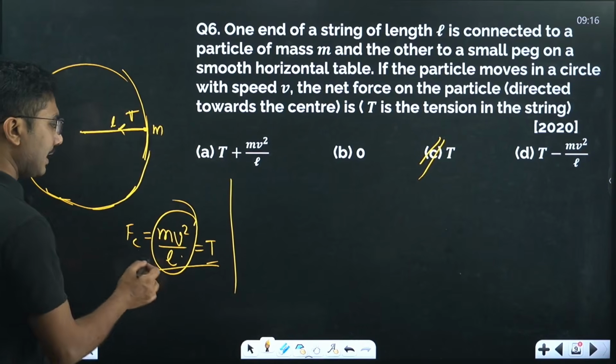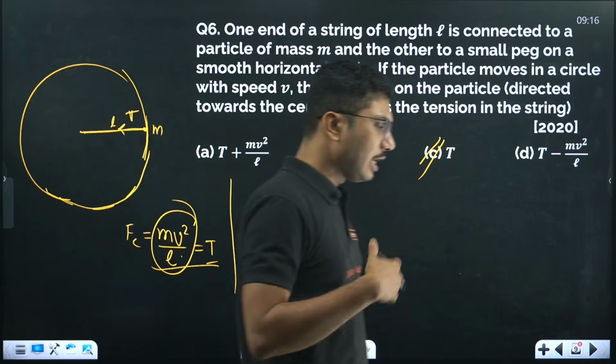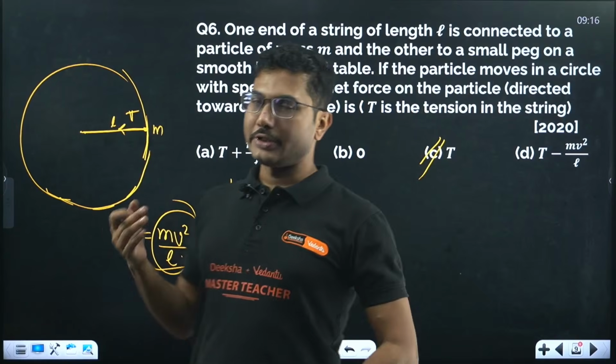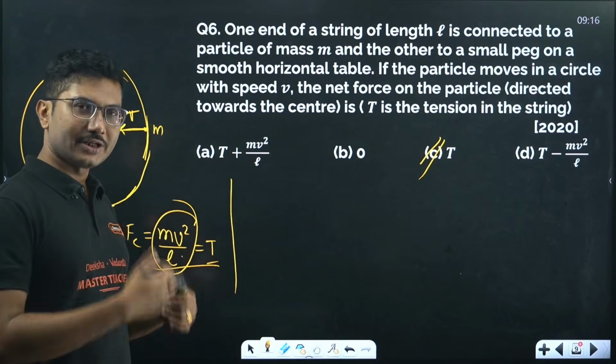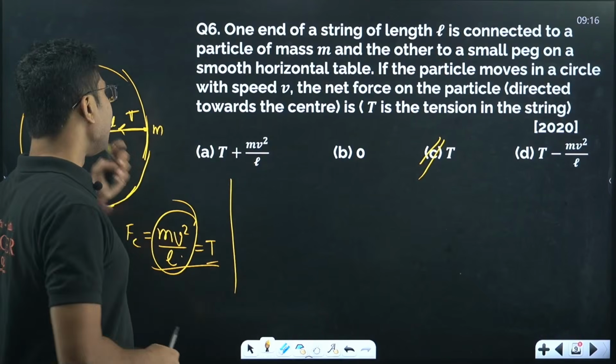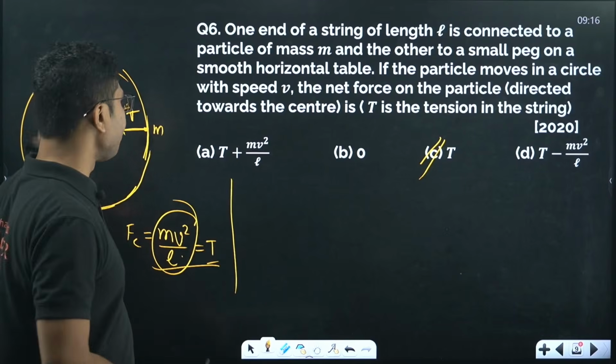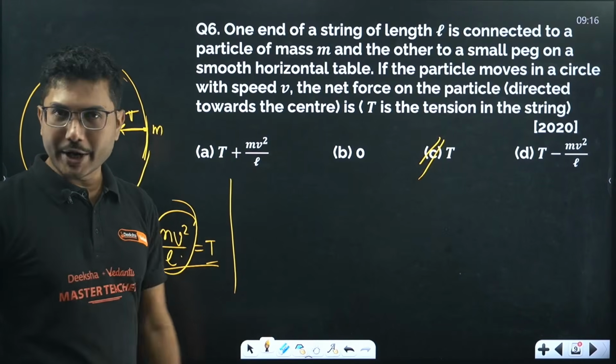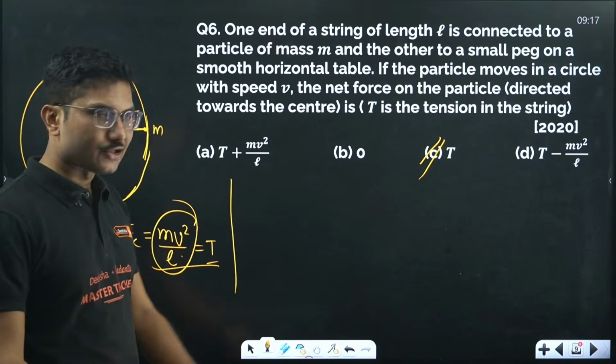Remember that there is no addition or subtraction between centripetal force and tension. Never. Centripetal force itself is tension, tension itself is centripetal force, and there is no equilibrium here because the object is obviously moving. That means centripetal force has to be provided. Who is providing? It has to be provided by the tension.